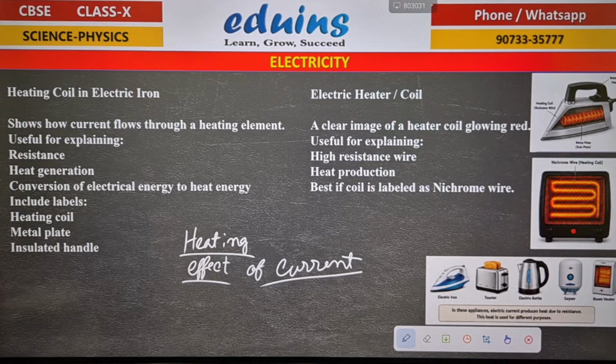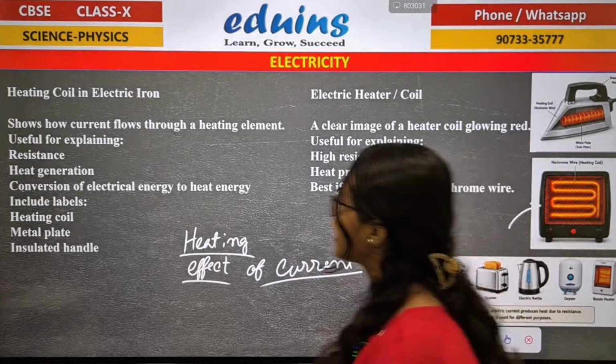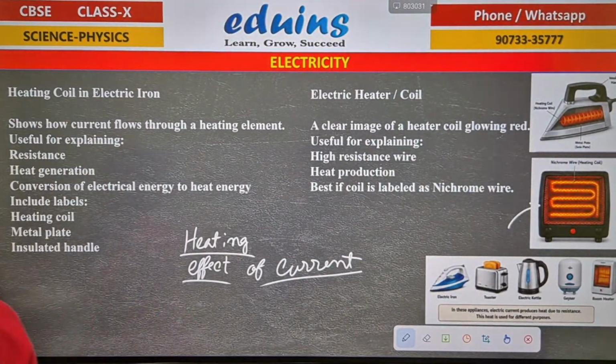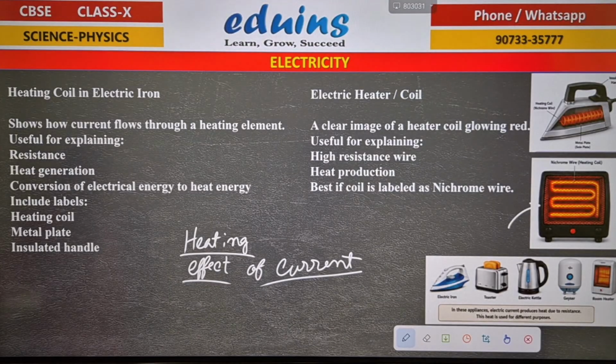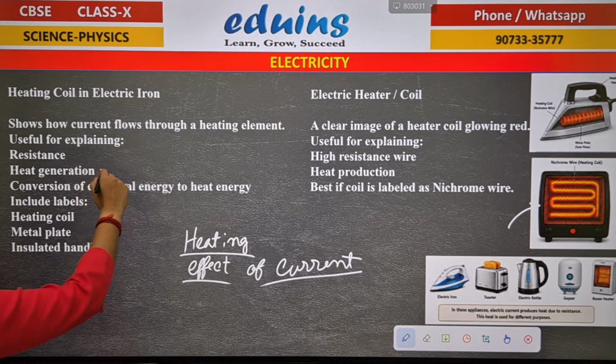By the flow of current we get the heating effect. The heating coil in an electric iron shows how current flows through a heating element: resistance, heat generation, conversion of electrical energy to heat energy. By this conversion, they generate heat.